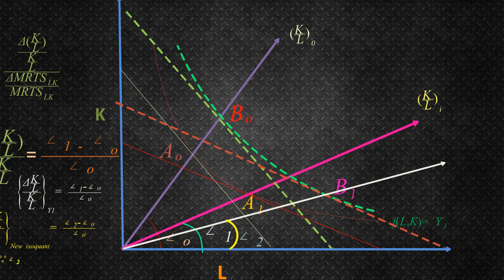Since angle 2 is less than angle 1, in absolute terms we can say the proportionate change in capital labor ratio from A0 to A1 along the original isoquant is less than the proportionate change from B0 to B1 along the new isoquant.